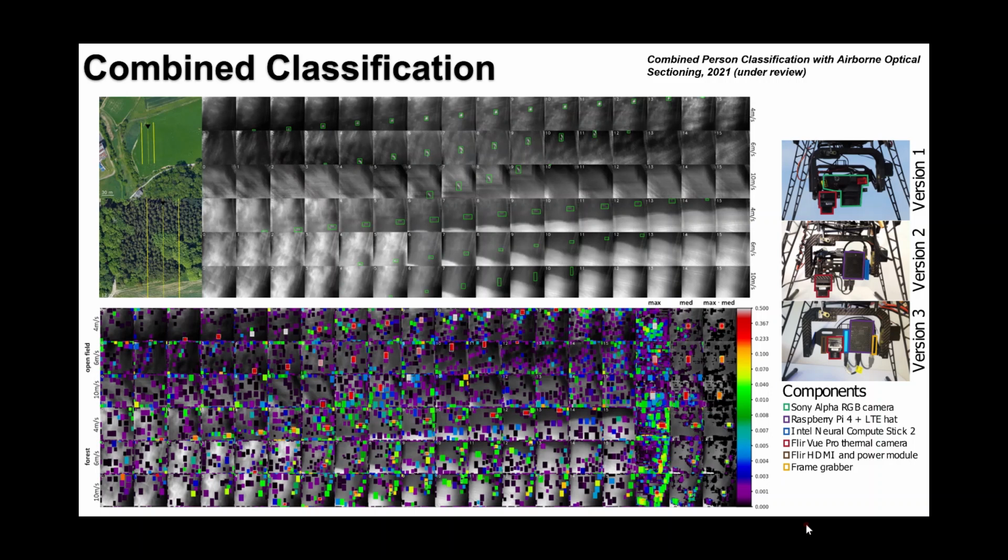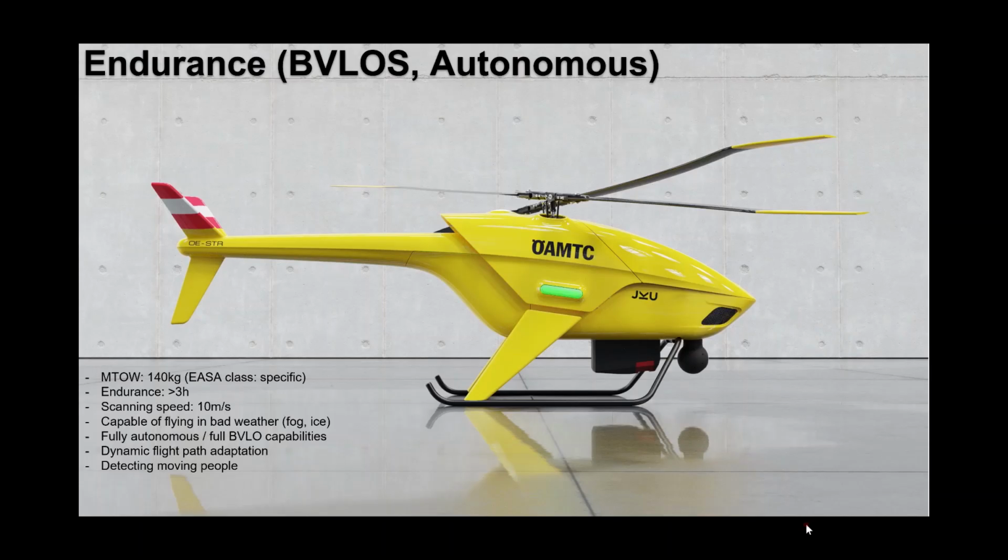So we run the classifier on multiple integral images, and we don't rely on a single detection in a single integral image anymore. And because we combine the classification results in the integral images and not in the single images, we achieve even higher classification rates, because simply we have multiple chances to detect the person and not only one.